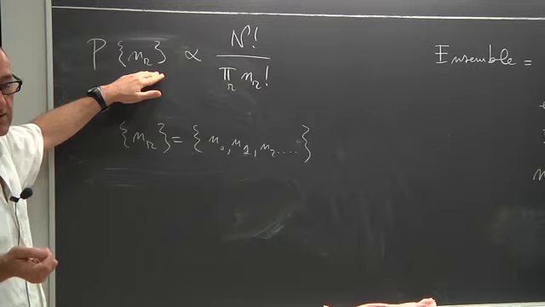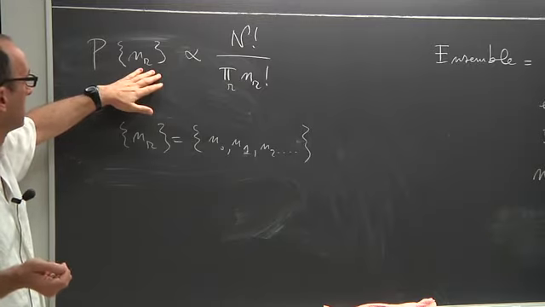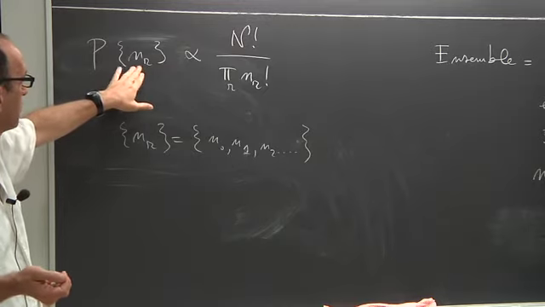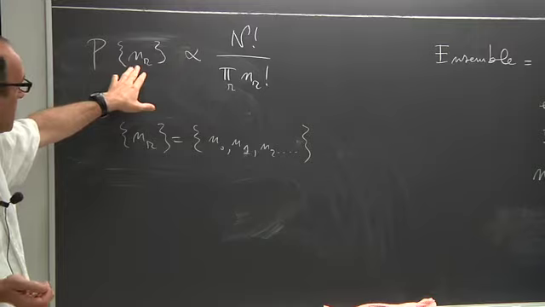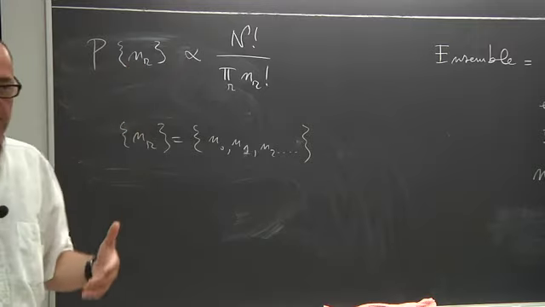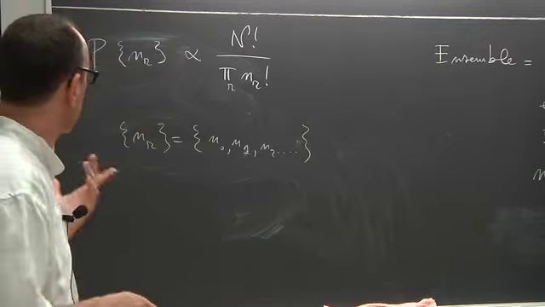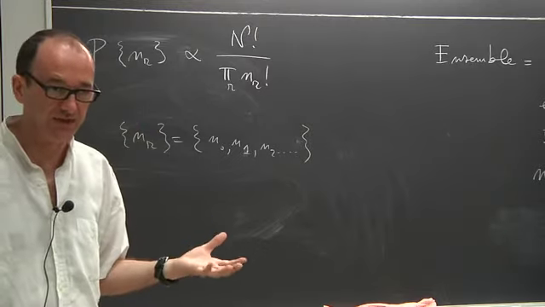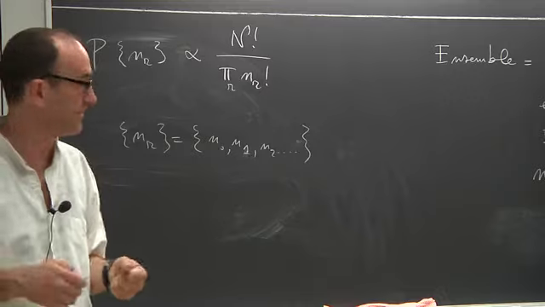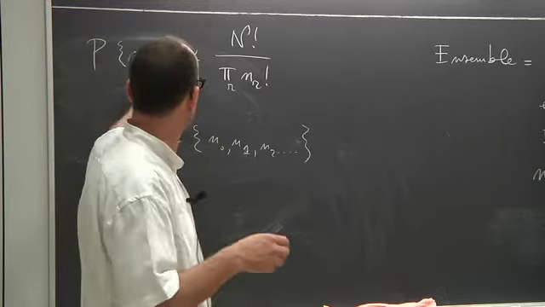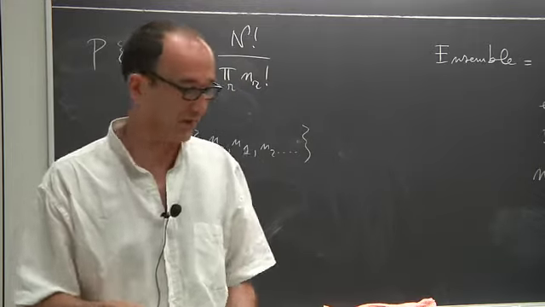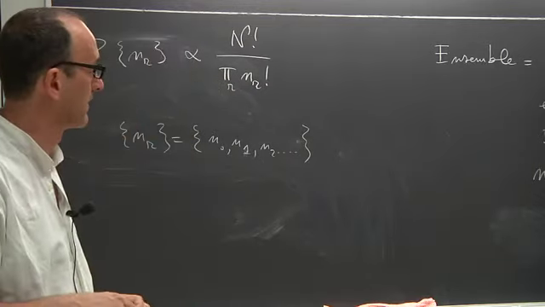So you should think this is really the distribution of your points in the phase space. This n_r is really your density on the phase space. Actually, n_r divided by n is precisely the density of points in the phase space.